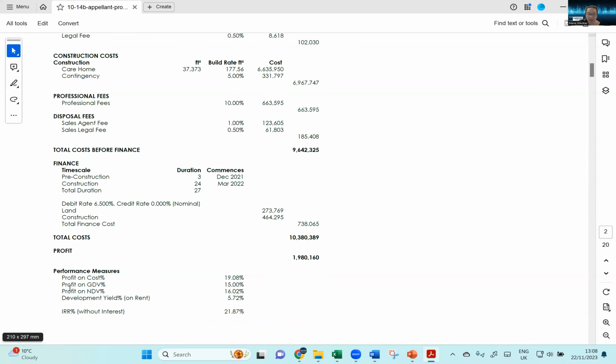In this case, I guess it's profit on GDV, because this number seems to be pretty rounded. So there is going to be a goal seek on one of those performance measures.